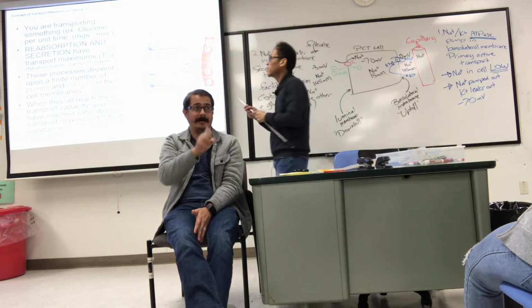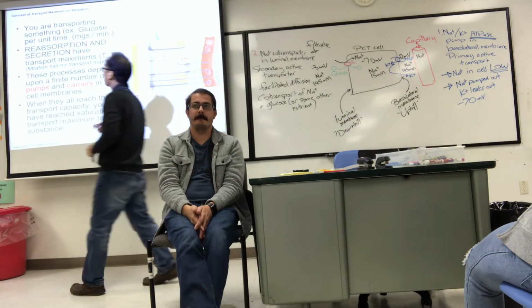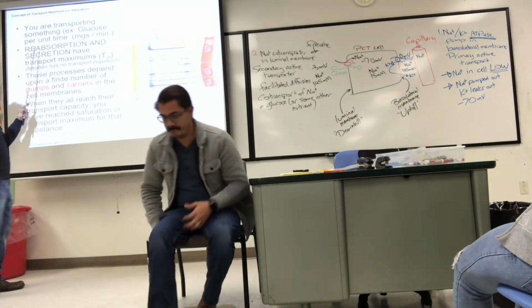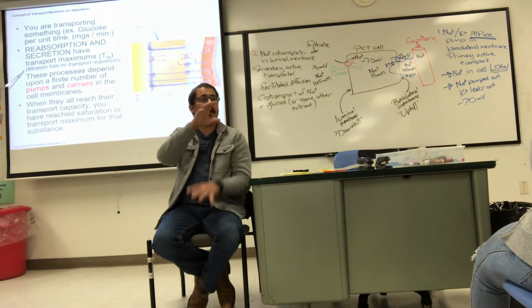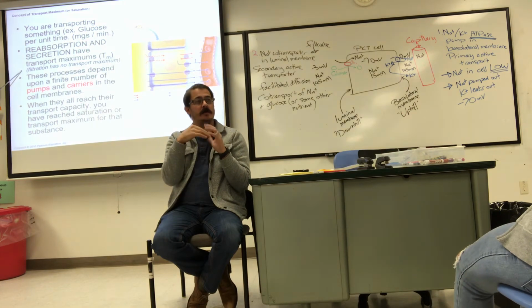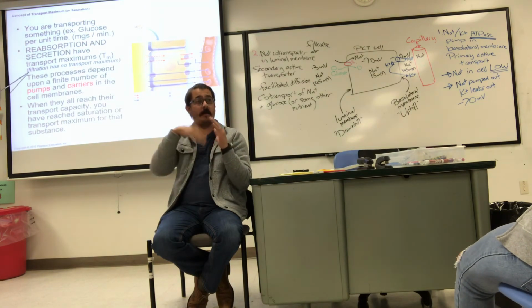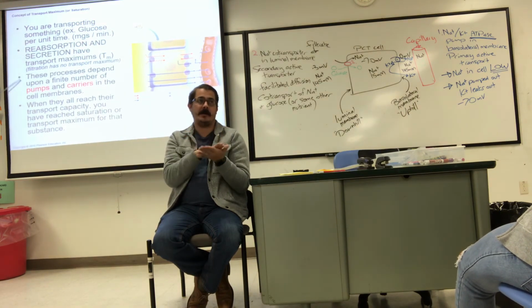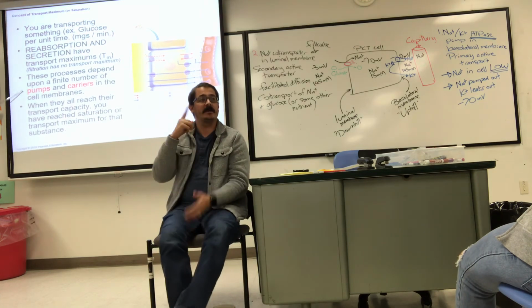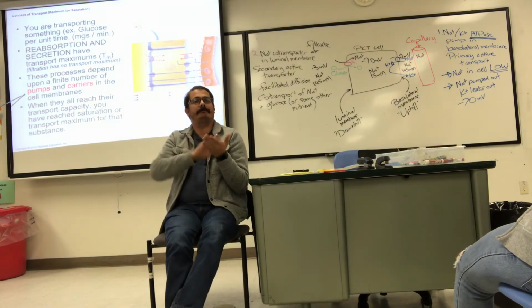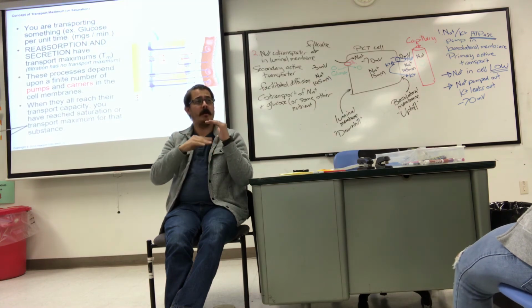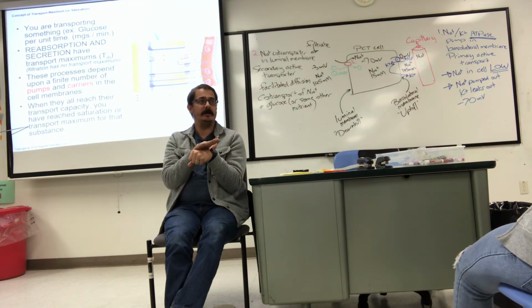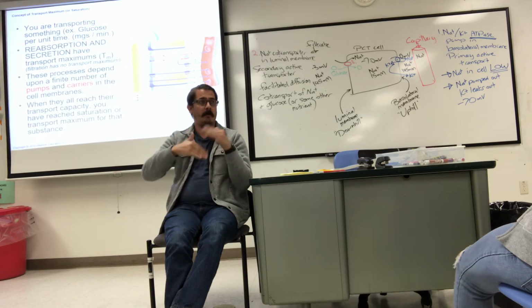However, what I previously noted is that reabsorption and secretion have transport rates, but they max out. Filtration has no max. These processes depend on a finite number of carriers and pumps in the cell membranes. And when they reach their capacity, you've reached saturation, or transport maximum, for that particular substance.